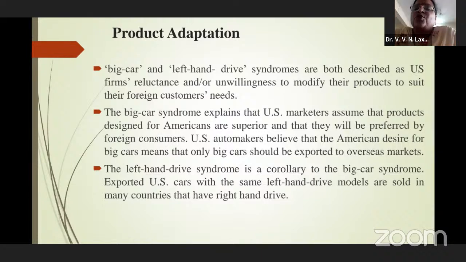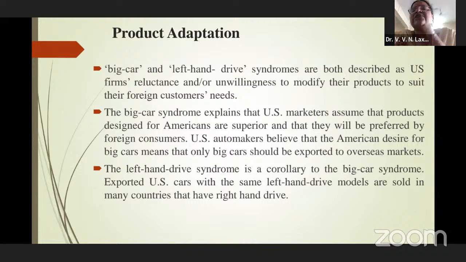There are two syndromes which have come up from US marketers' strategies. We call them the big car syndrome and the left hand right syndrome. Actually, the left hand right syndrome is a corollary of the big car syndrome, that is, it is deduced from the big car syndrome.